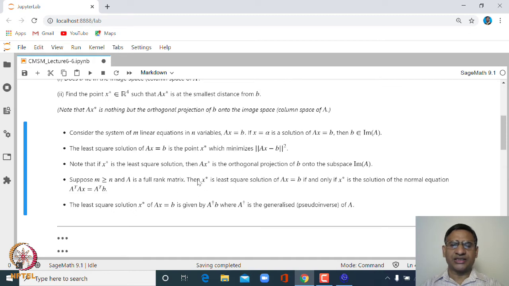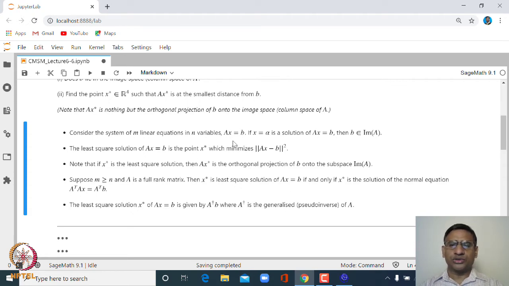In this case, finding the least square solution of Ax = B is the same as multiplying both sides of Ax = B by A transpose. So what you will get is A transpose Ax = A transpose B. This is what is called the normal equation of this least square problem.